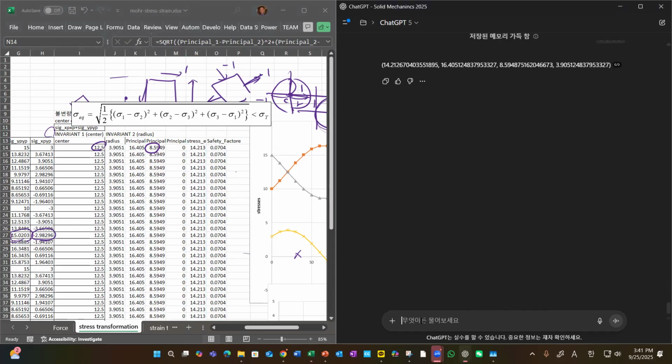Well, simply the theory is the same. So now let's define yield strength as another input.